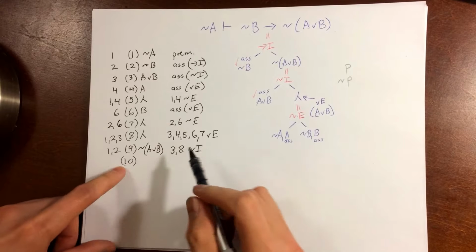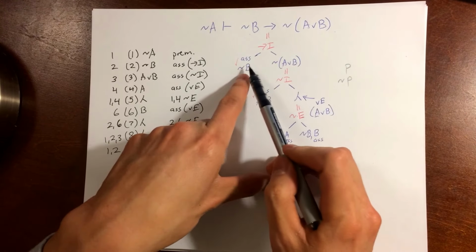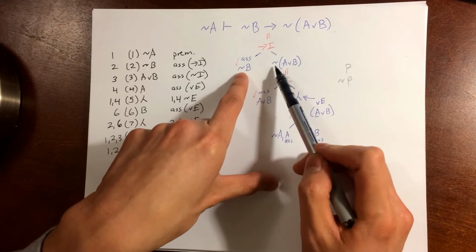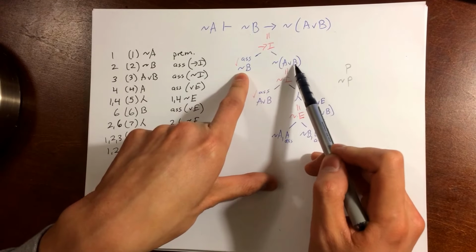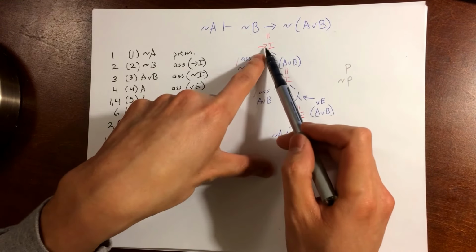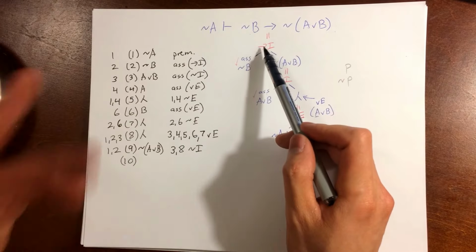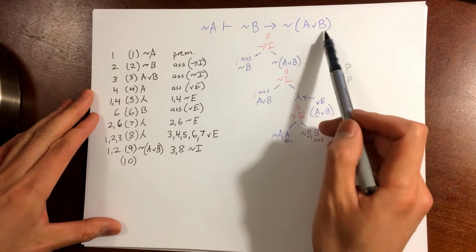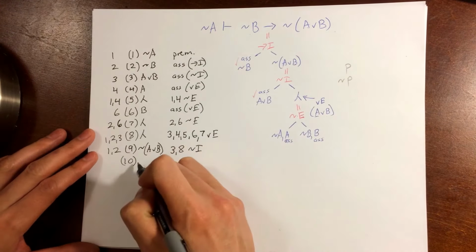And on line 10, we said that if we had negation B and the negation of A or B, we can put that together with conditional introduction to create our conclusion. So that's what we're going to do now.